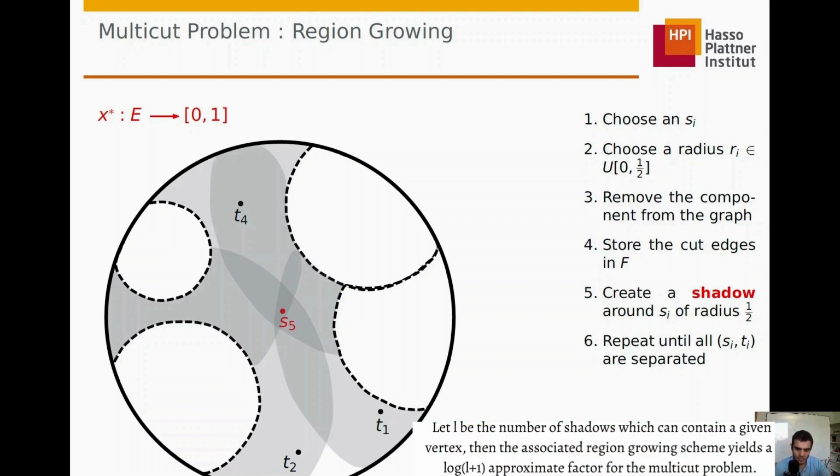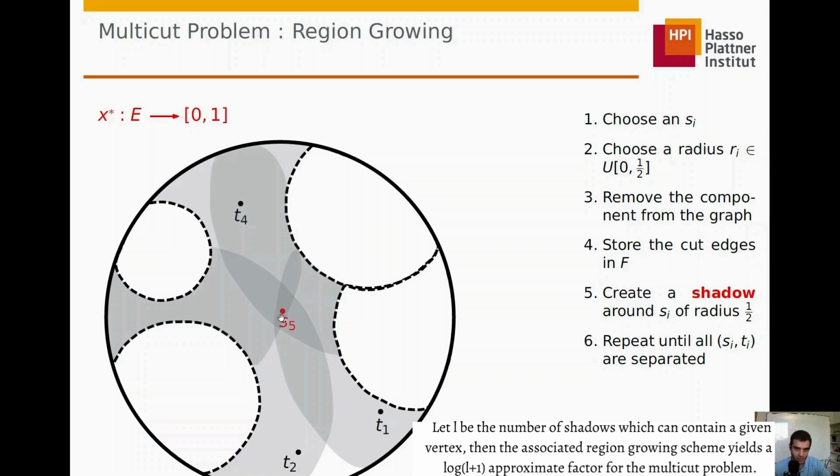the region growing scheme can be generalized with this statement. Let L be the number of shadows that can contain a given vertex, then the associated region growing scheme yields a theta log L+1 approximation for the multicut problem. So here, as you can see, all the shadows, and we had at most k shadows, contain the same vertex, here called S5.